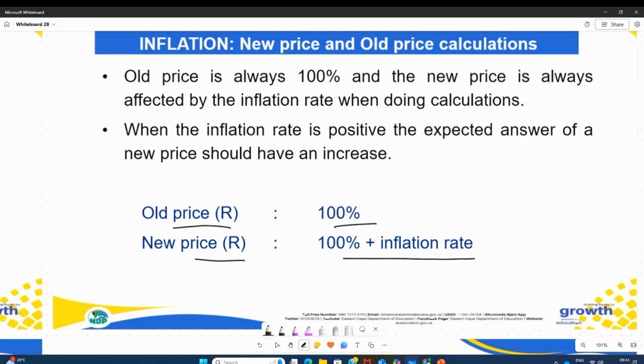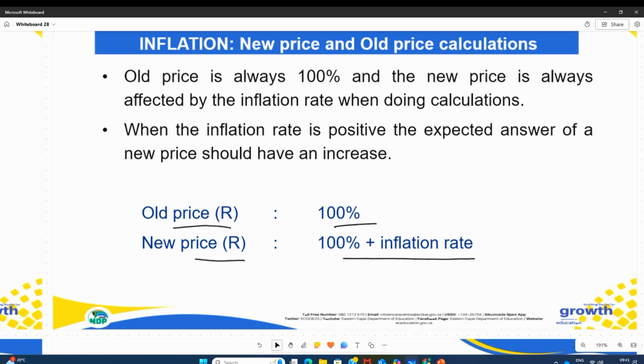When you are answering the question, it's always important to check whether you know the old price or you do not know it. Always your old price will be 100%, always. Then the new price, as I've mentioned, is affected by the inflation rate. So to get the rate of a new price, you say 100% plus the inflation rate.